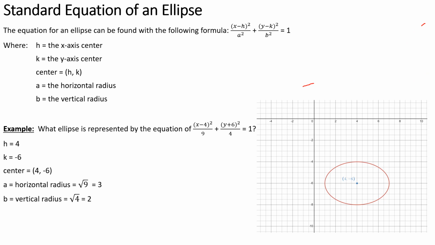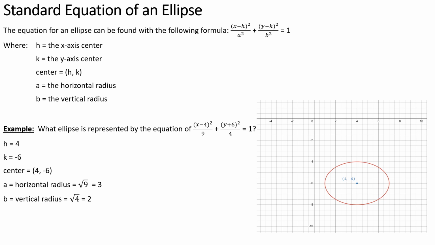All right, so I'm looking at this here, that last one, on the bottom half. And what I've got here, I got my pen working, is x minus 4 squared over 9 plus y plus 6 squared over 4 equals 1. It always equals 1 in an ellipse, and I've shown you why we do that.